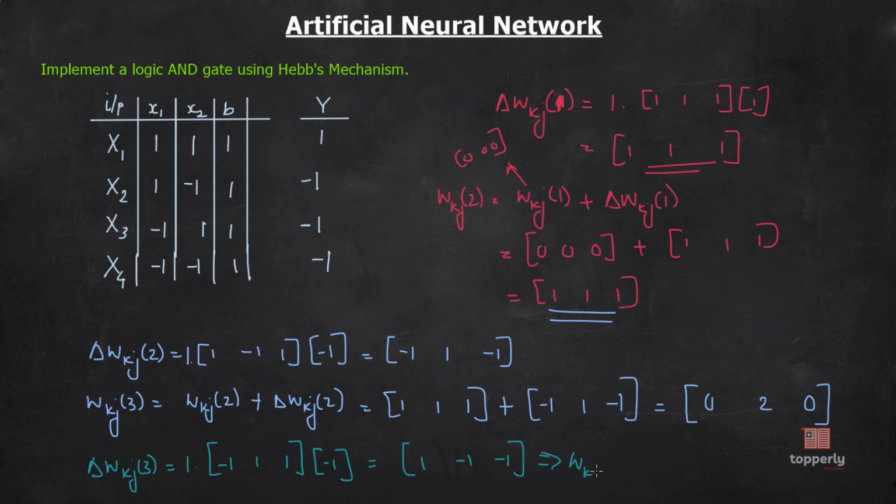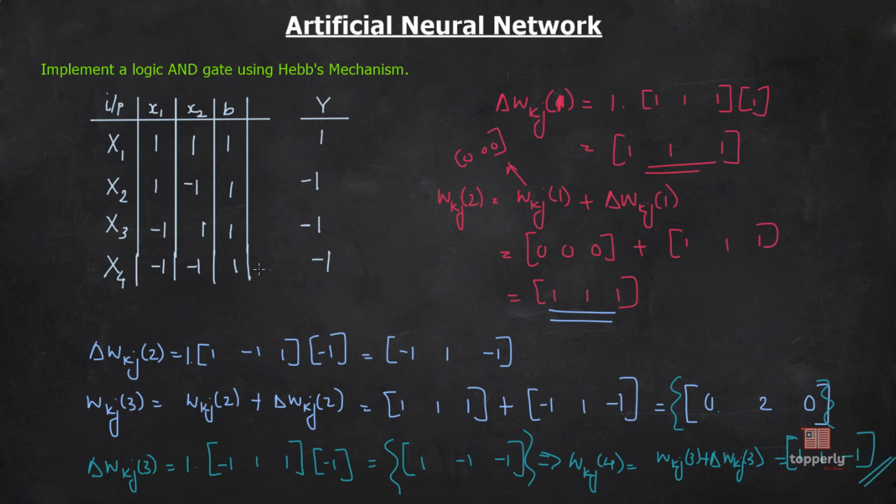Therefore, wkj of 4 can be given as wkj of 3 plus delta wkj of 3, and delta wkj of 3 is this. Therefore, adding these and this, we will get it as 1, 1, and minus 1, right?